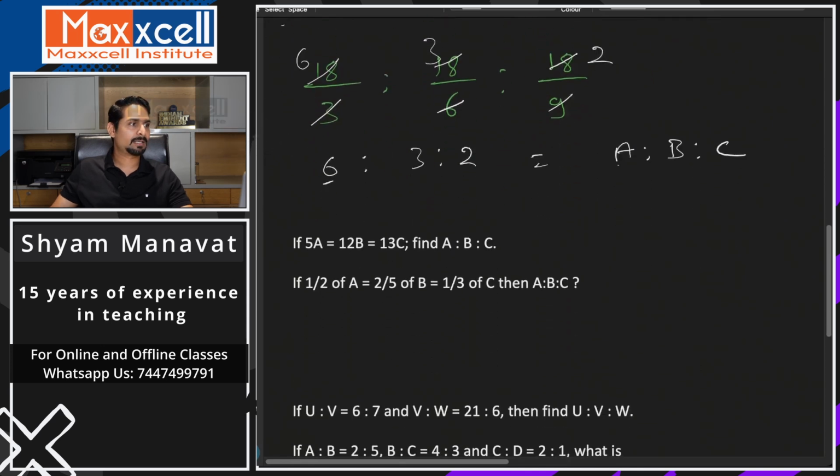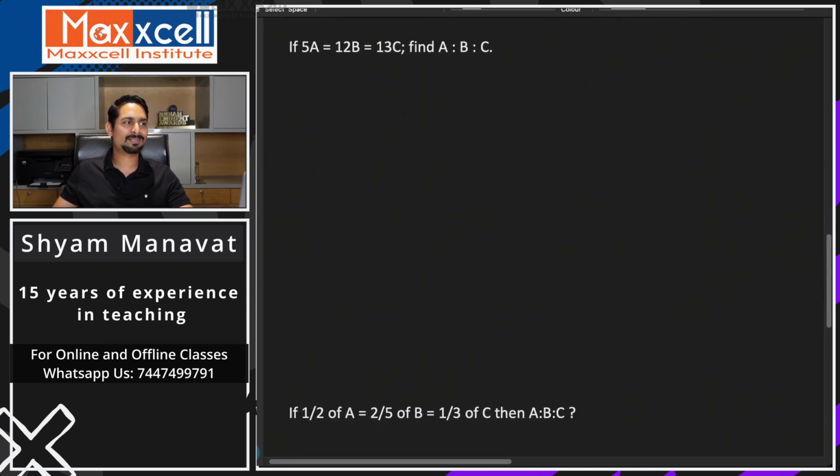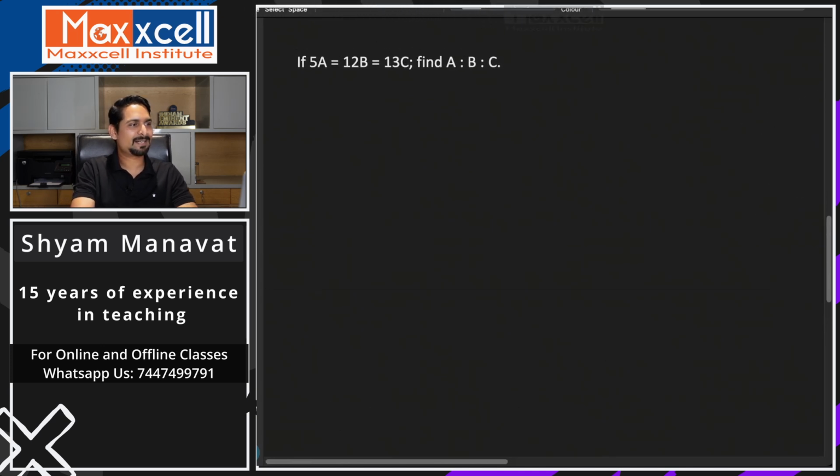Let's try this, and then we will proudly say that, okay, we have learned one shortcut for this. Yeah, so let's see how does it look like. If you want to repeat that question number 1, go through that, because in this question we will skip certain steps. So as I said, if it is 5A, 12B, 13C, so I can say the ratio of A, B and C directly.